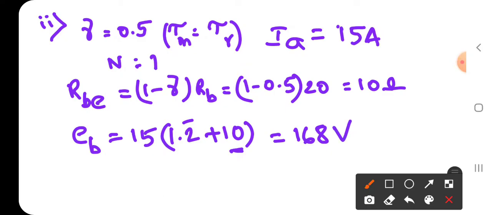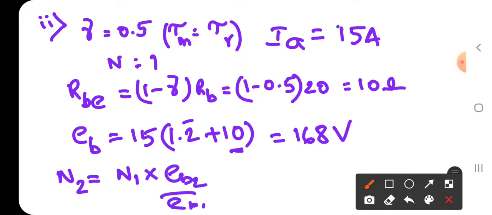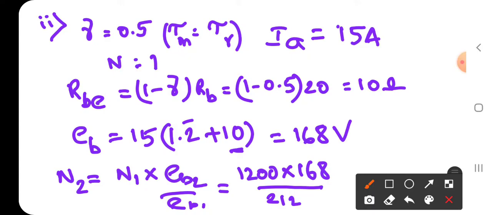Okay, now let me find the speed directly, as we did in the first case of the previous problem. That is N2 is equal to N1 into EB2 by EB1. N1 in the sense rated 1200, EB2 in the sense 168, and EB1 is 212.